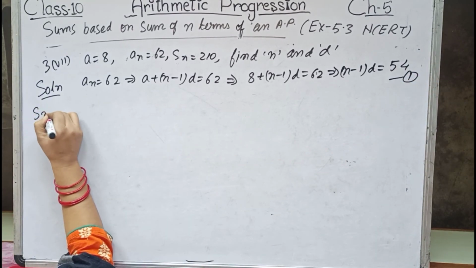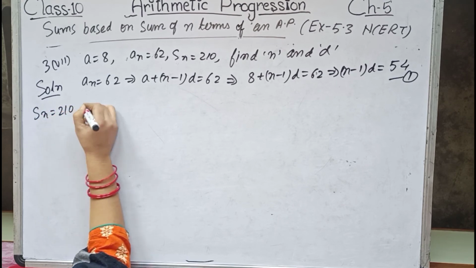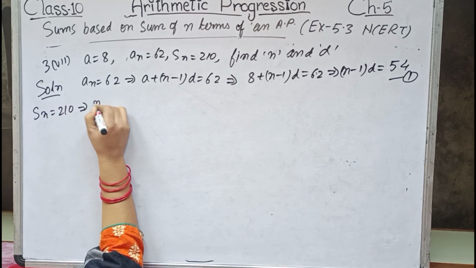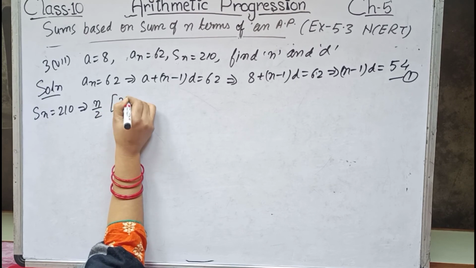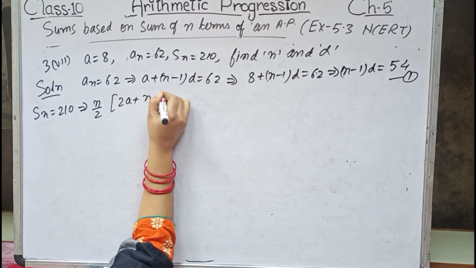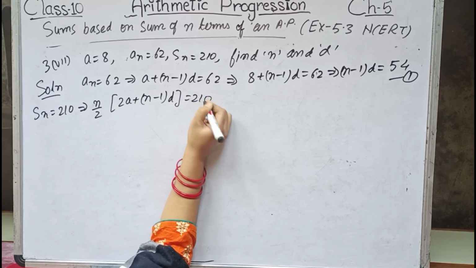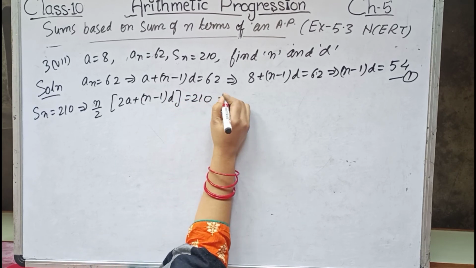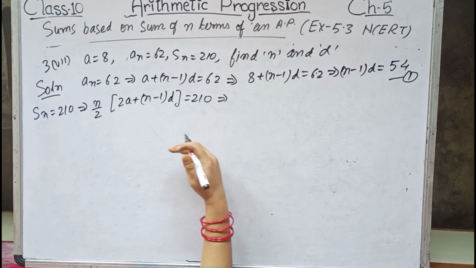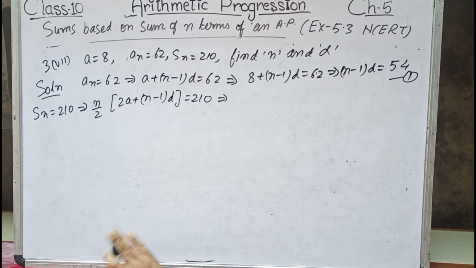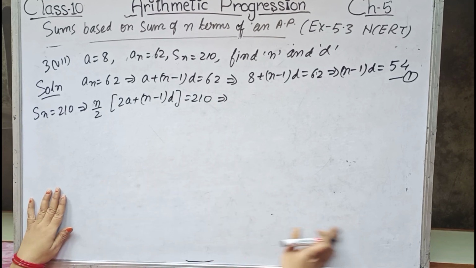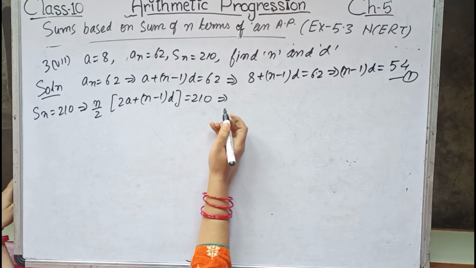Again, Sn equals 210 implies n by 2, 2a plus n minus 1 into D equals 210. If you write stepwise, it will look neat and clean. Since space is less, I am utilizing the whole board.